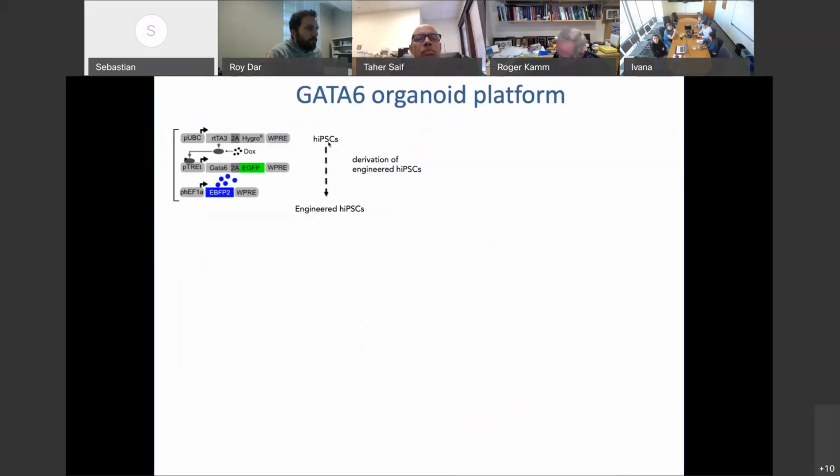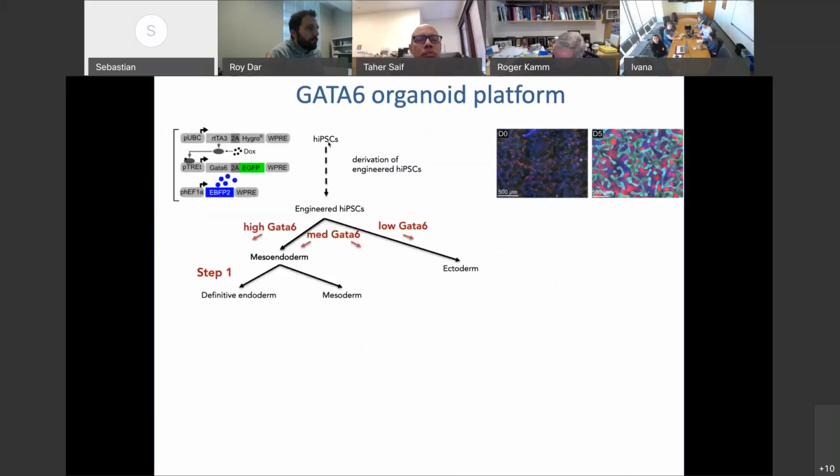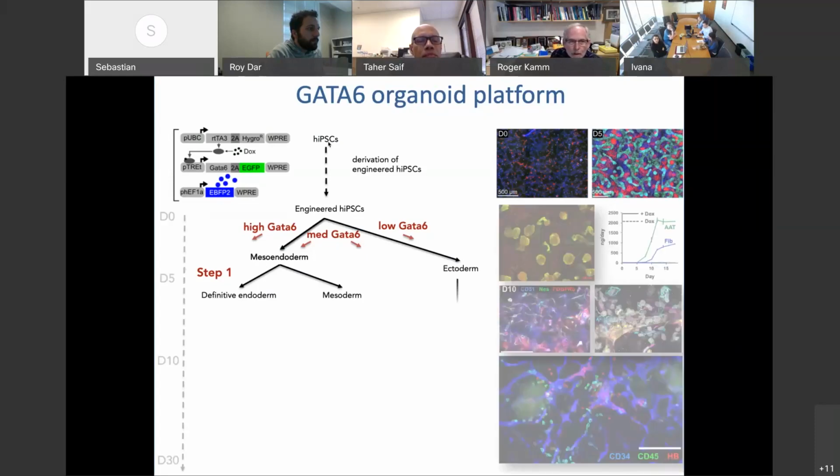An example of how we can apply this technology is a platform that was developed in EBICS by the Weiss lab in collaboration with the Griffith lab. Many of you have seen this already. If you have not, very briefly, using lentiviral integration, they engineered a pulse of GATA6 expression that you can control using a small molecule, and you can engineer this in human induced pluripotent stem cells.